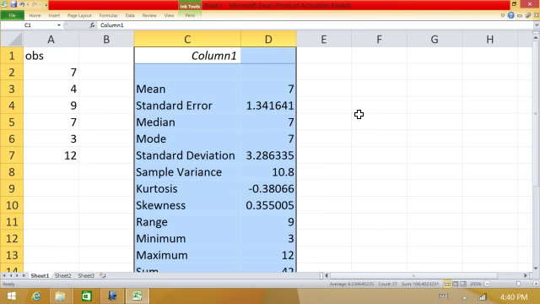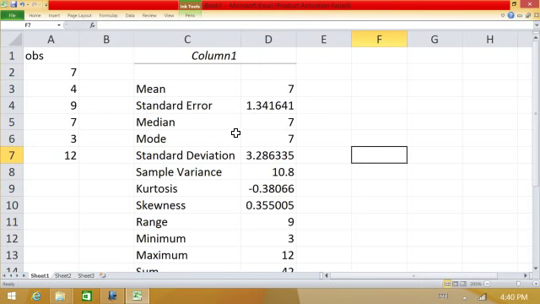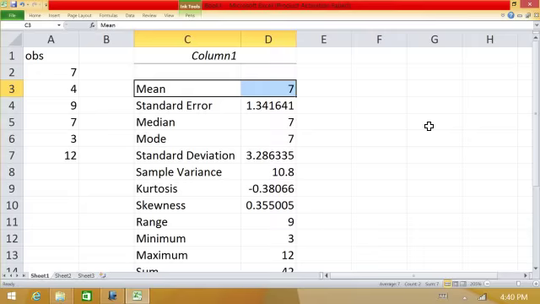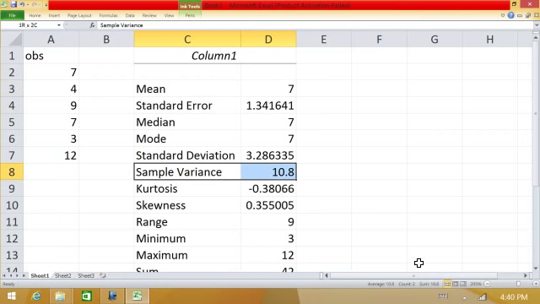In order to construct the z-score, these are the things we need. We need to look at the mean, and also the sample standard deviation, and these are our x's: x1, x2, x3, x4 right here. So we construct the z-score.